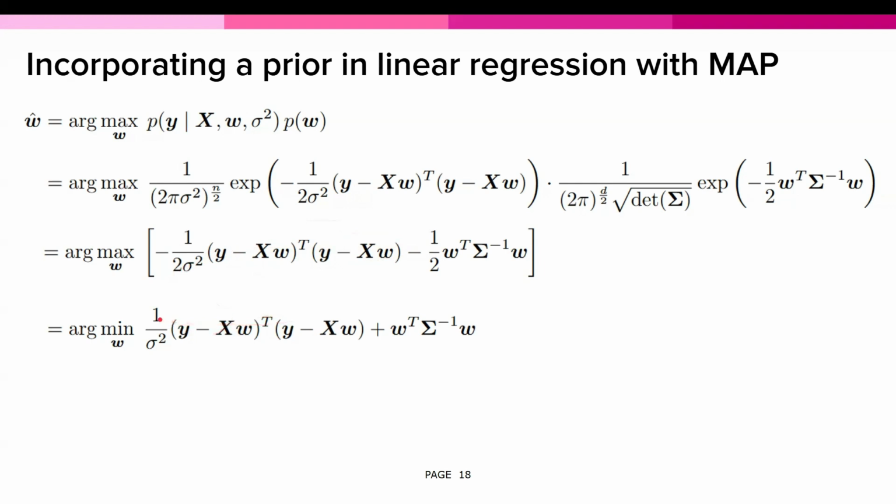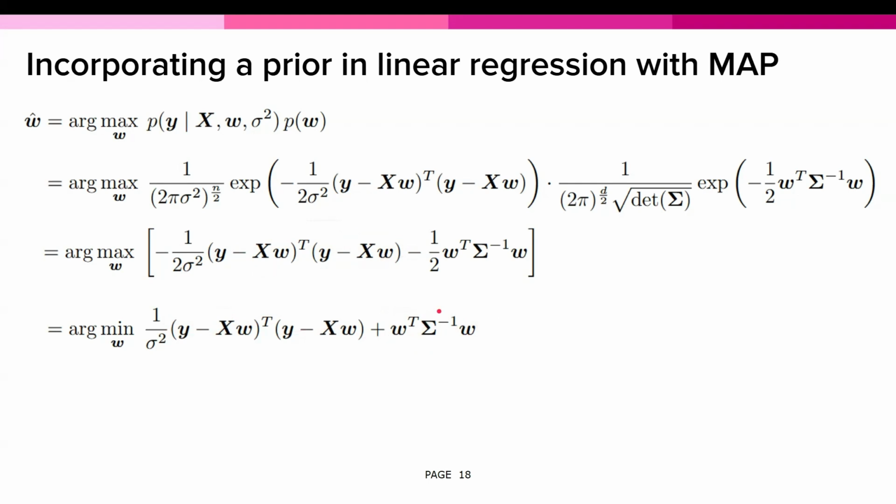I'd like to draw your attention specifically to this part here where we have the inverse of the covariance matrix sigma. This is how we represented our belief about how much the weights should vary. So let's simplify things a little bit more. Let's assume that sigma inverse is a diagonal matrix.